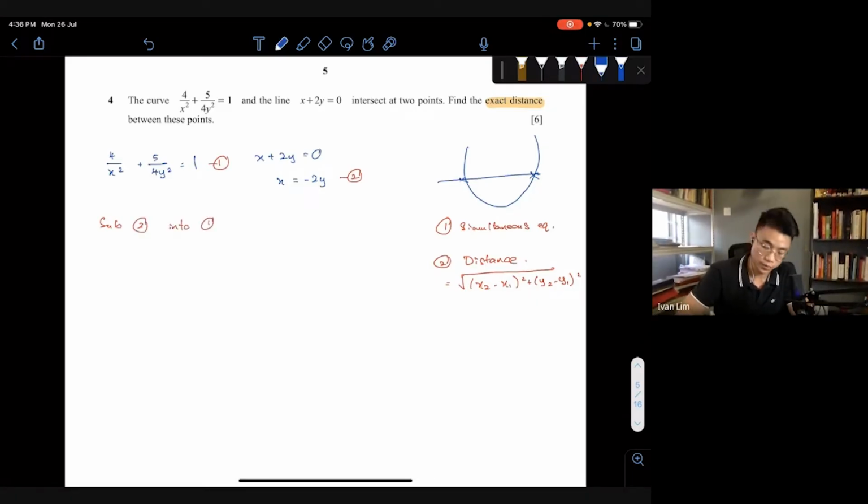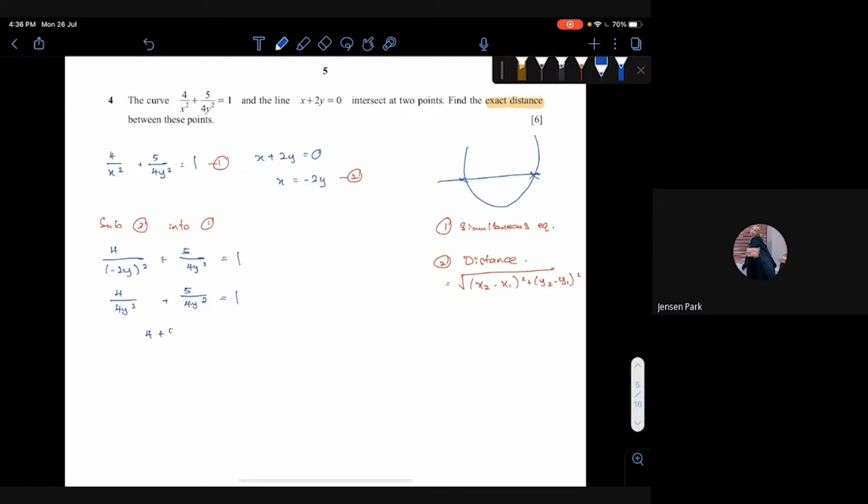We get 4 over negative 2y squared plus 5 over 4y squared equals 1. That gives 4 over 4y squared plus 5 over 4y squared equals 1, which makes 9 over 4y squared equals 1.